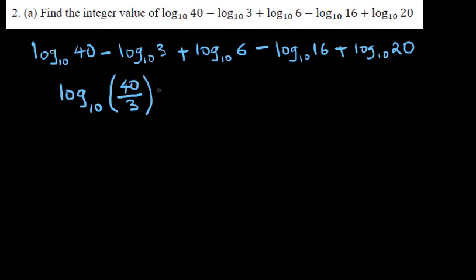Then plus, we also have a subtraction sign, so we'll do the same here. This is going to be log base 10 of 6 over 16. Then plus log base 10 of 20.